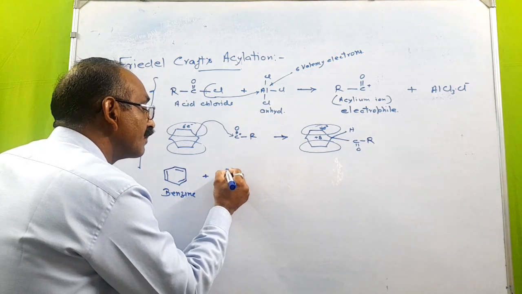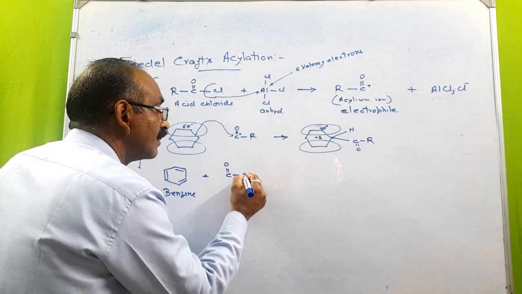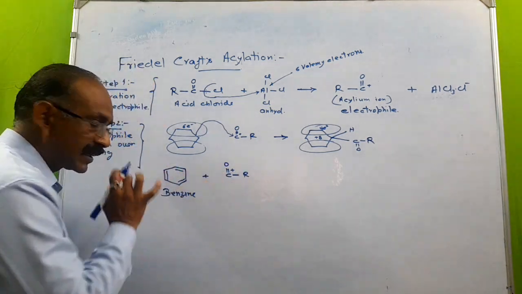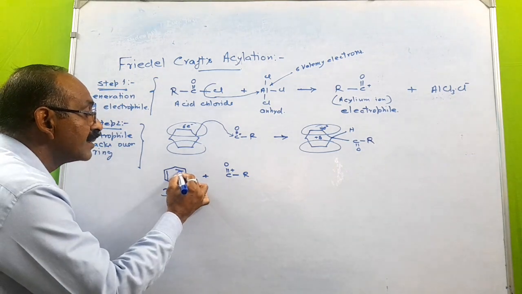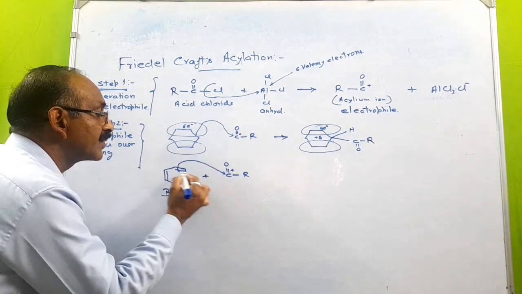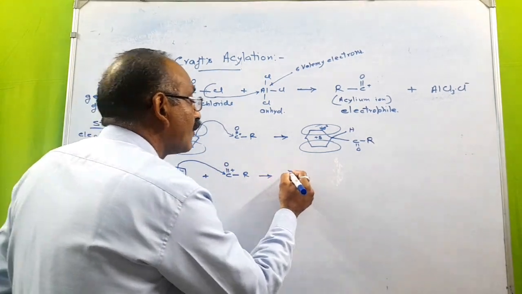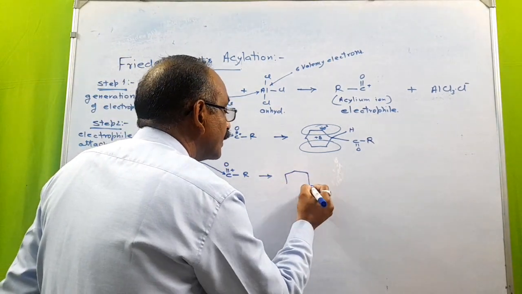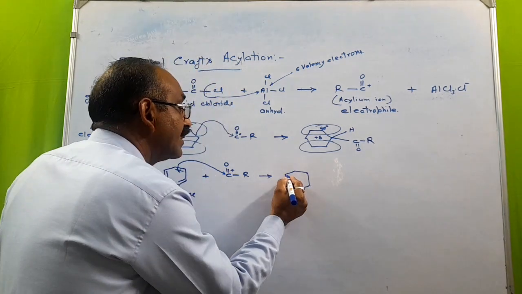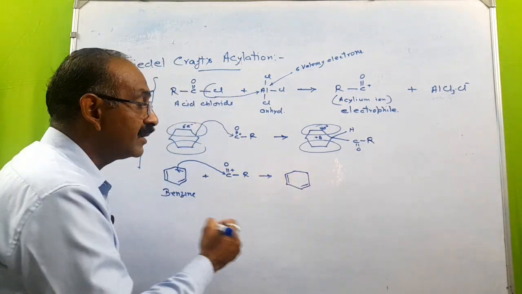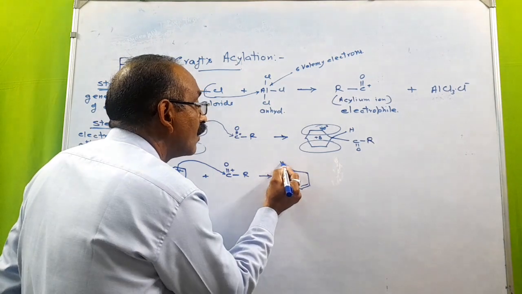Now the electrophile approaches the ring, and by making use of these 2 electrons, the ring will form a bond with the electrophile. Now at the ring only 4 electrons will be left.